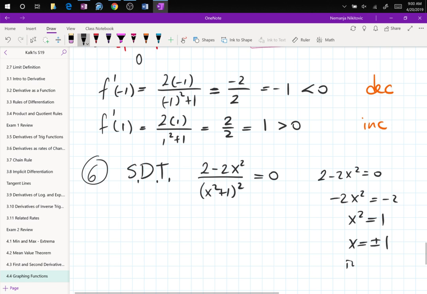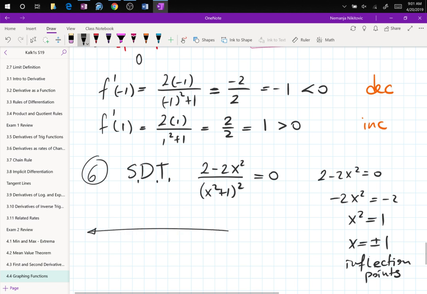So these are our inflection points. The calculation for this is identical to the first derivative test, except now we are looking for concavity because we are using the second derivative test.